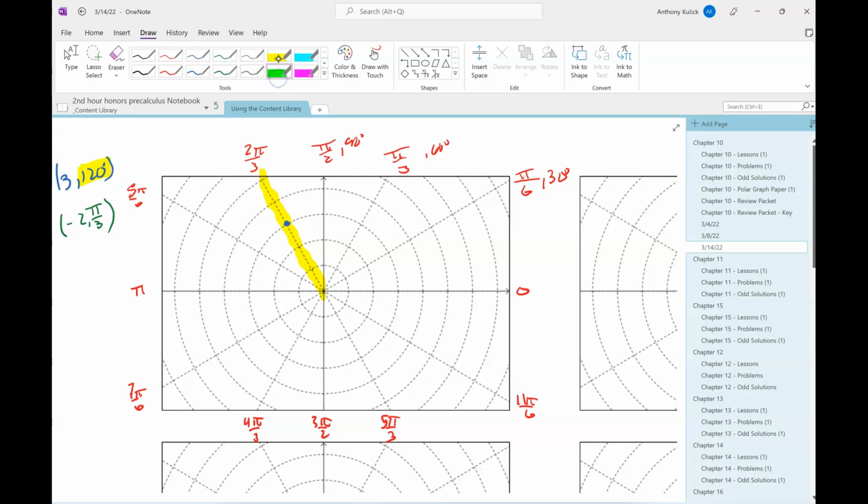Well, pi over 3 is going to be this line, right? Everybody agree? But because it's negative, we're actually going to put it on that side.